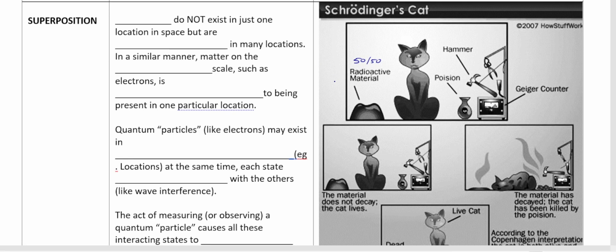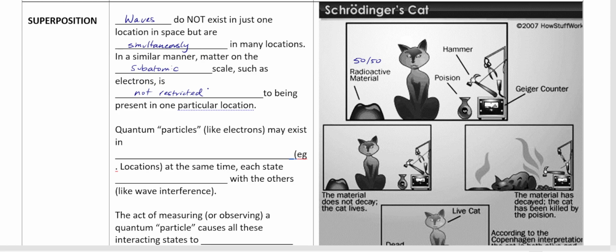So let's fill in the blanks here. We have waves do not exist in just one location in space, but are simultaneously in many locations. In a similar manner, matter on the subatomic scale, such as electrons, is not restricted to one particular location.